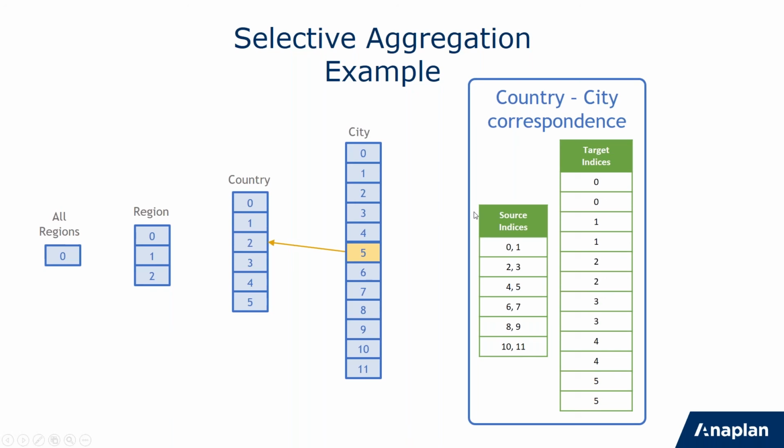I walk down to index 5, and I see it's 2. So I go and update 2, and in updating 2, I need to read 4 and 5. Okay, so then I've changed 2, that goes to 1, and so on. And you saw at the top, for all regions, it reads every cell from the level below.